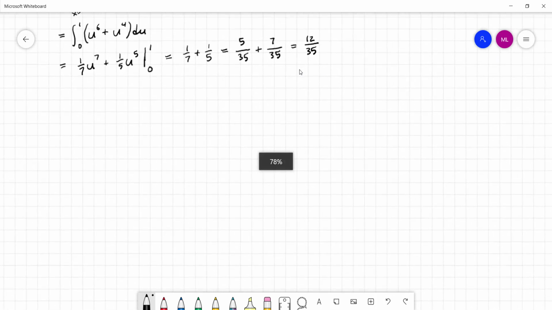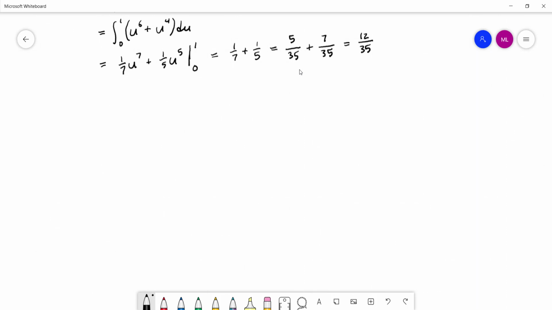So let's try a couple more problems that involve just tangent and secant. These ones are actually surprisingly kind of tricky, so let's do this one. What is the integral of tangent cubed of x dx? How do we do tangent cubed of x dx?